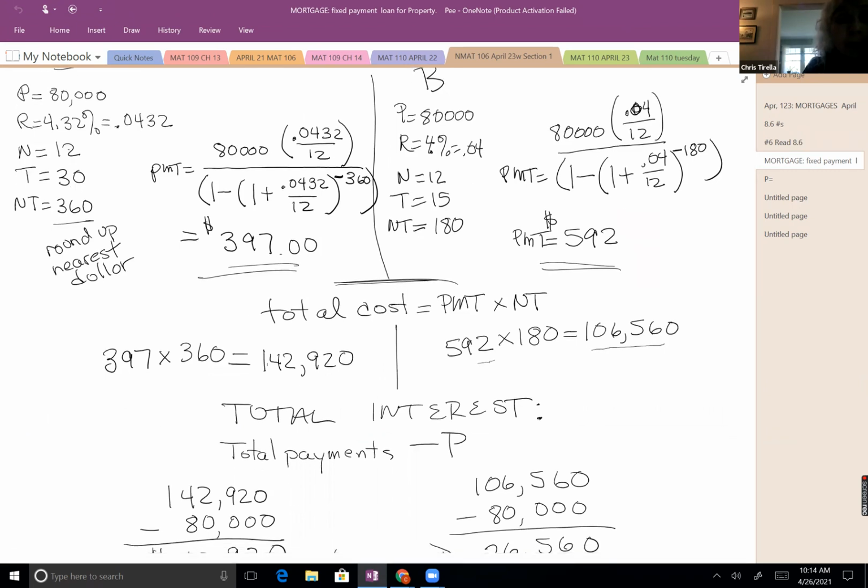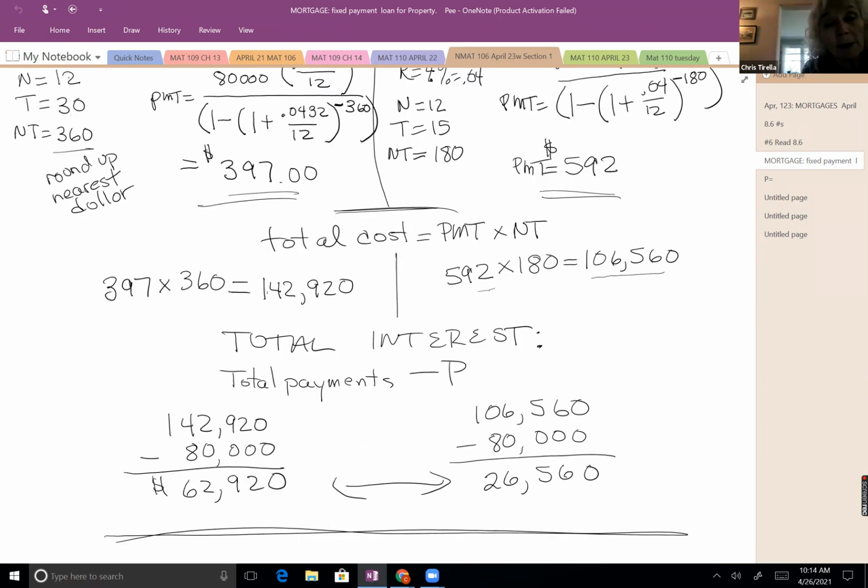Then to figure out the total cost, the total of our payments, we took that monthly payment and multiplied it by nt, the number of payments. And then to find the total interest that we paid, we took the total of the payments and subtracted the principal, the amount that we borrowed. And we discussed that with a 30-year mortgage, your payments are lower, but in the long term, you're paying a lot more money. Everybody okay there?